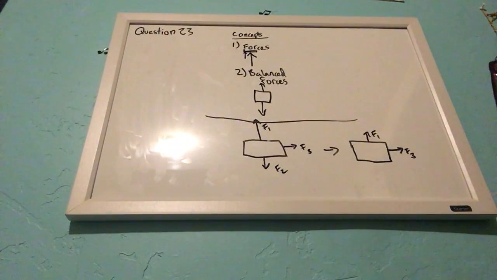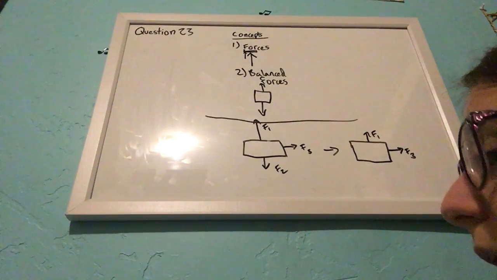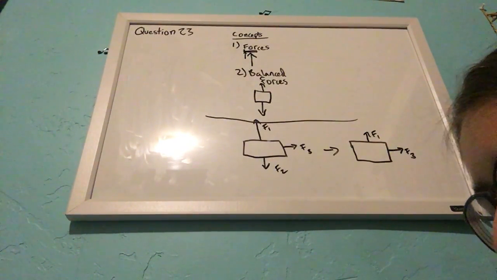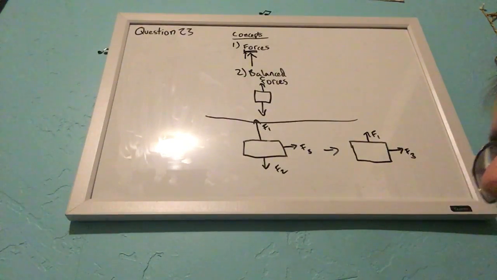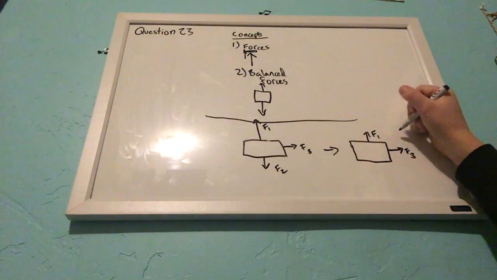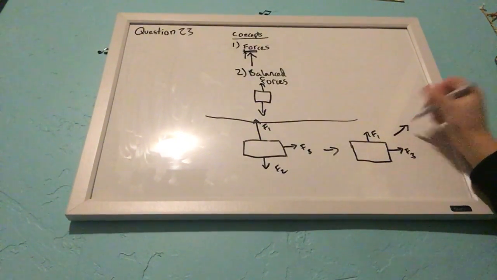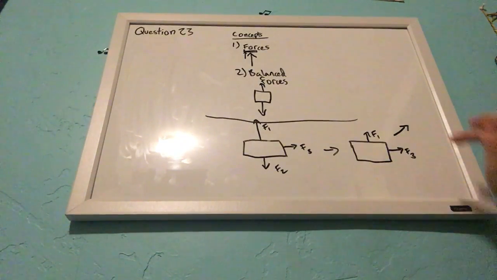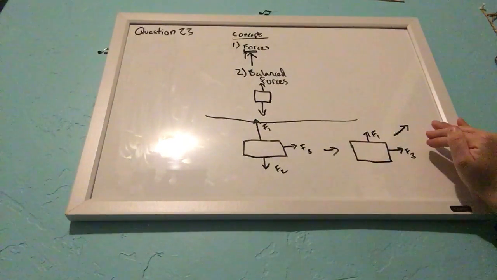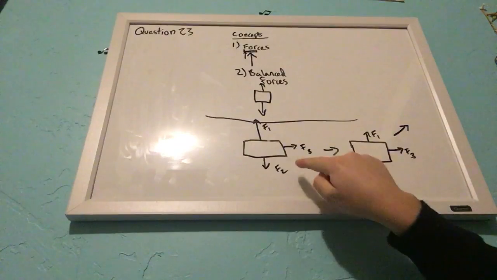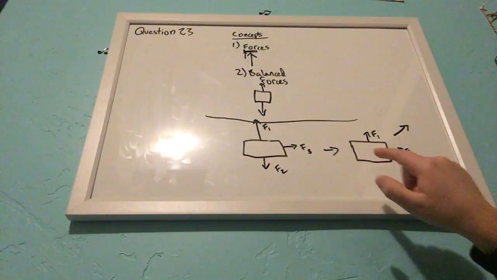And so those are what will happen. To find the direction of the object's acceleration, it's going to be like this, because that is the middle of force 1 and force 3, and force 2 cancels as we've shown.